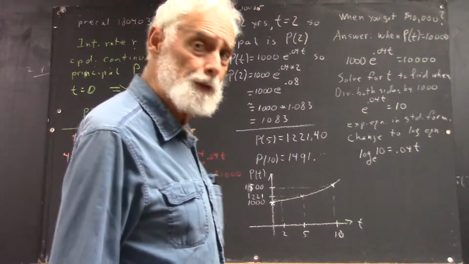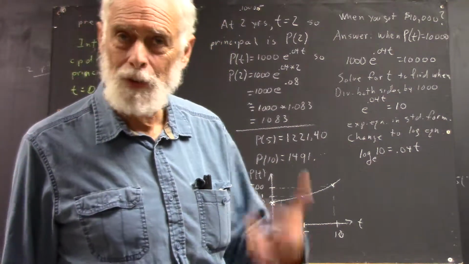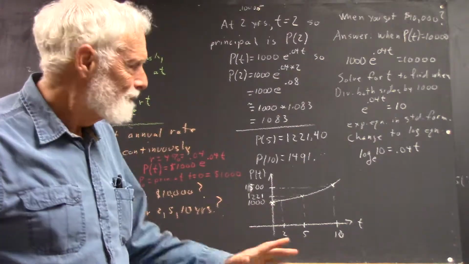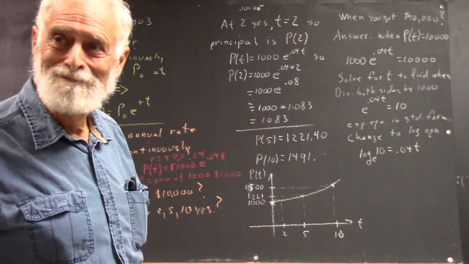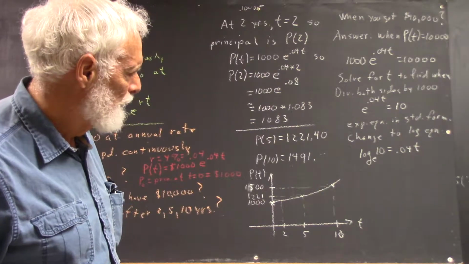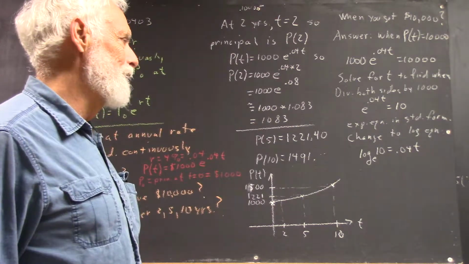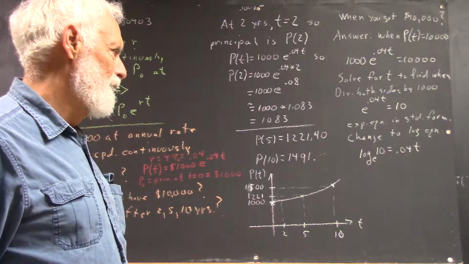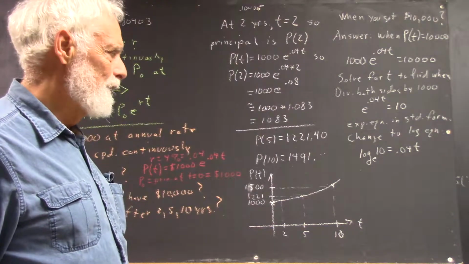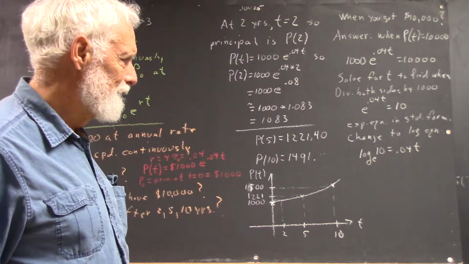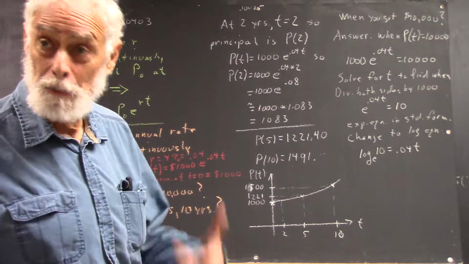There's something wrong with this. Okay, I'll reconcile it. Rule of 72 has to work. Log base e of 10 equals 0.04t. You're still getting 100. I don't like this, but okay, we're going to do this.